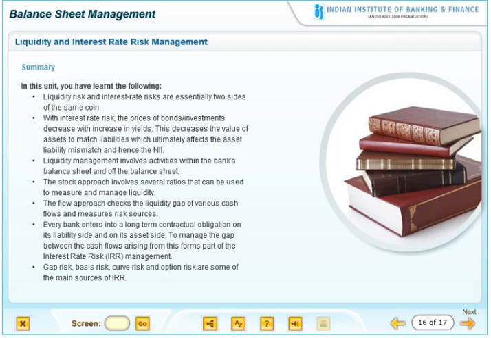Every bank enters into a long-term contractual obligation on its liability side and on its asset side. To manage the gap between the cash flows arising from this forms part of the interest rate risk, IRR management. Gap risk, basis risk, curve risk, and option risk are some of the main sources of IRR.